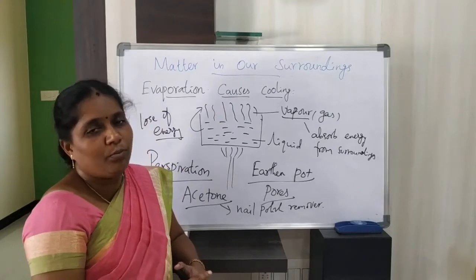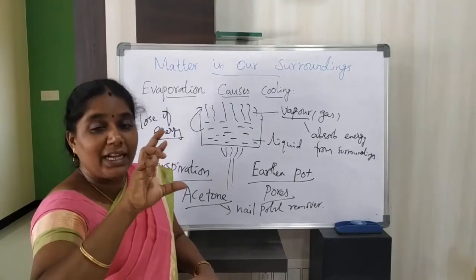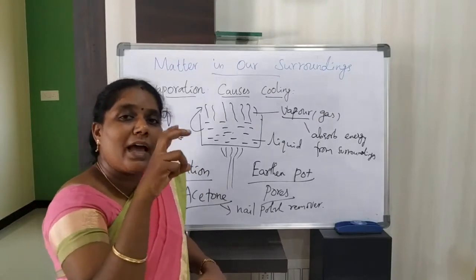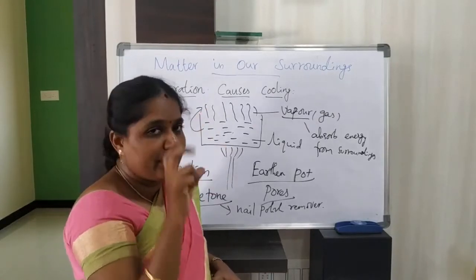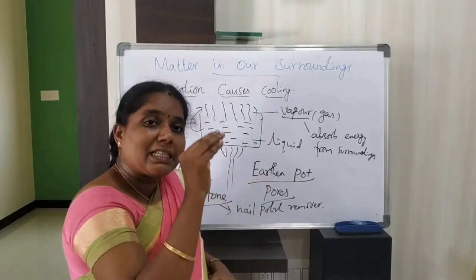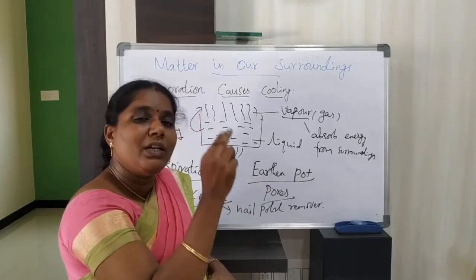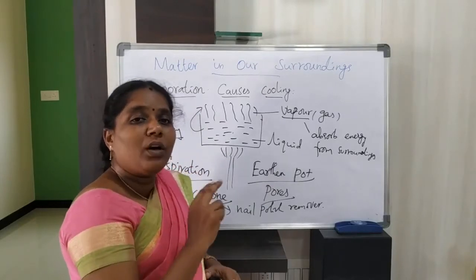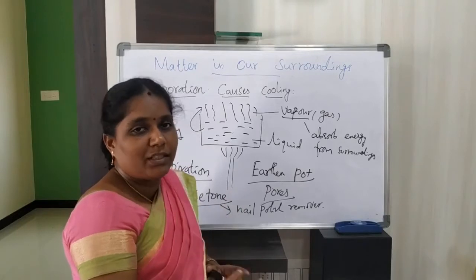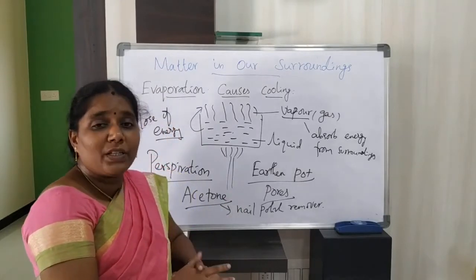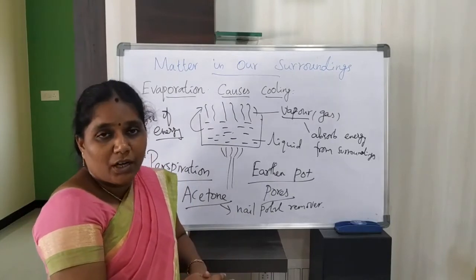Notice it at home also: just take some ice cold water in a glass tumbler. After some time, you see water droplets on the tumbler. Why are those water droplets formed outside the tumbler? Because here also evaporation causes cooling.